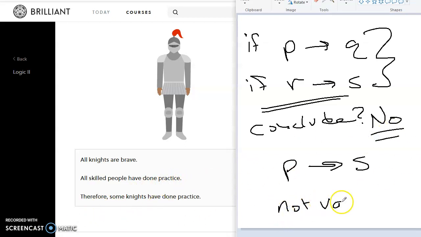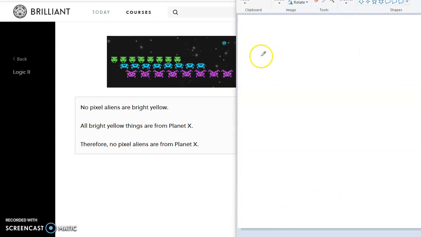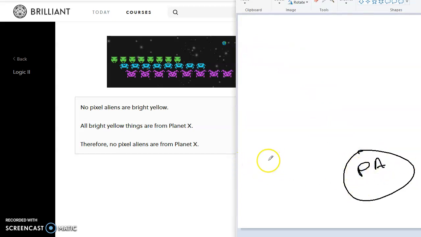Not valid. Our last example here is going to demonstrate some other times where we have to translate that no idea. So this one says no pixel aliens are bright yellow. So what we say is over here we have the pixel aliens, and over here we have the bright yellow, and none of our pixel aliens are bright yellow.